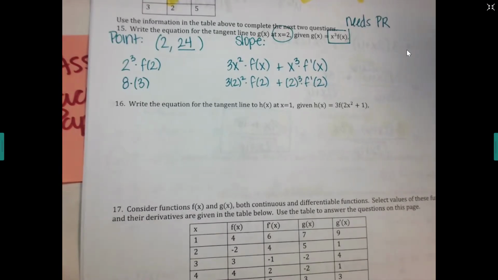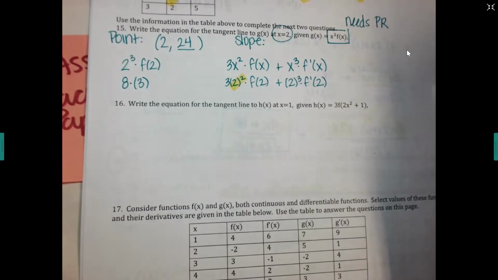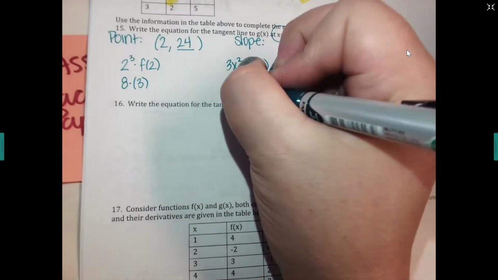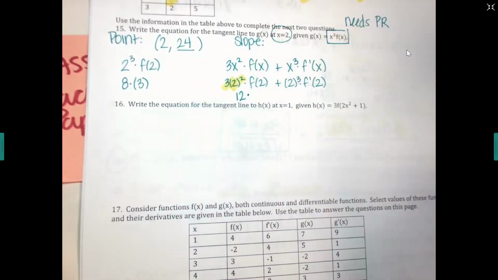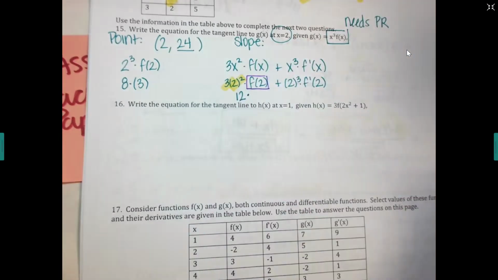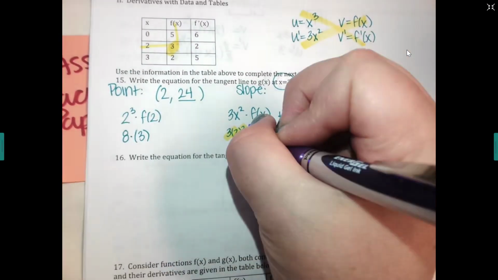Okay, remember, when you do the 3 times 2 squared, you do the exponent first, then times by 3. So what is 2 squared? 4, and then 4 times 3 would be 12. Then f of 2, I'm going to pull that from my table. What would that be? 3.